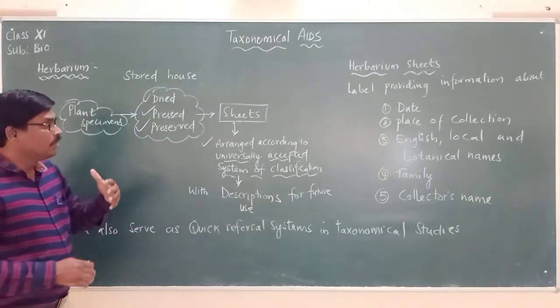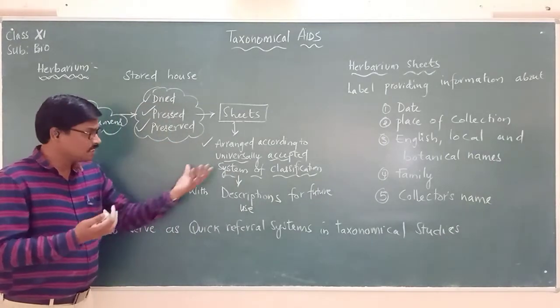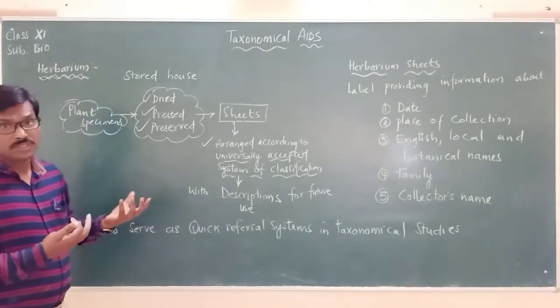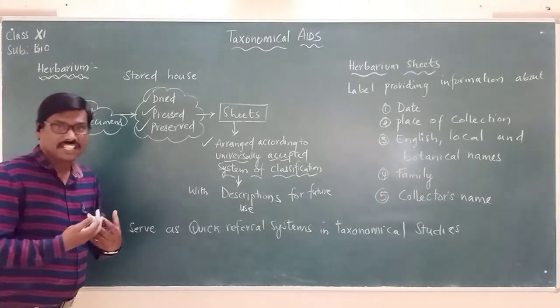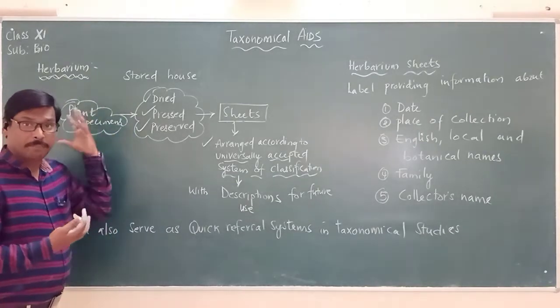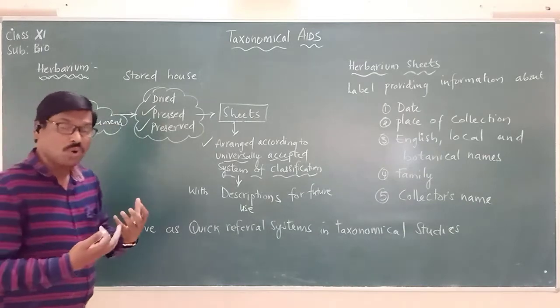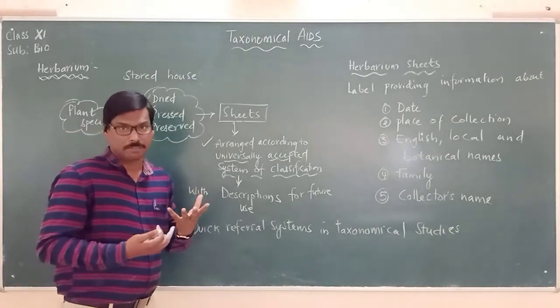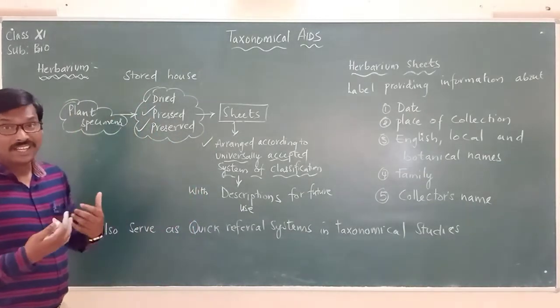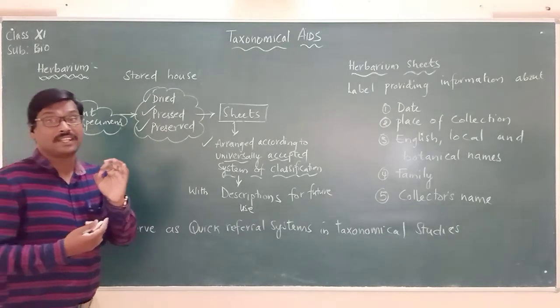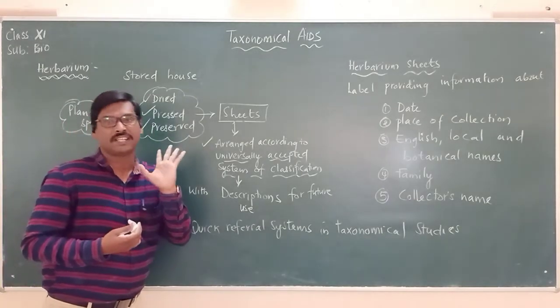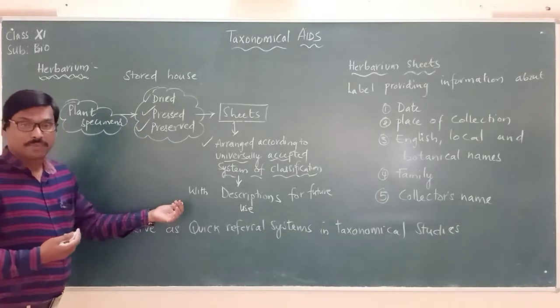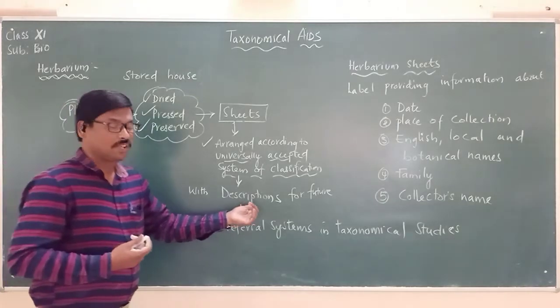Now you should remember that once it is done, it is the storehouse of plant specimens with complete information. That's why we are calling it with the descriptions for future use.